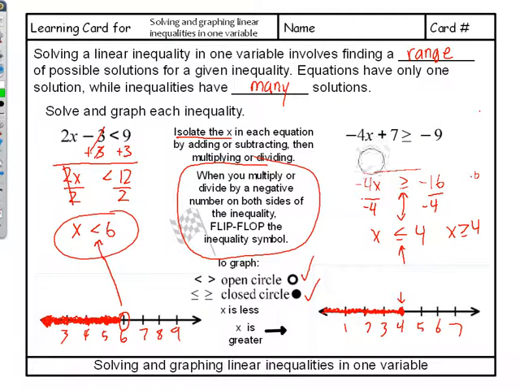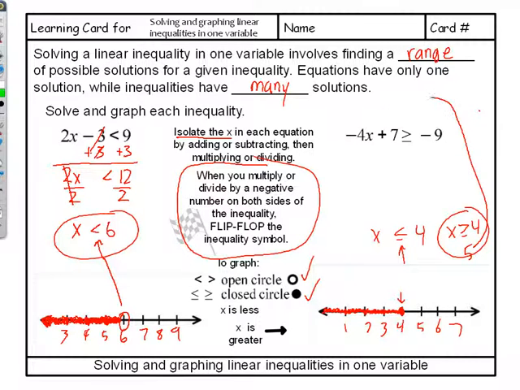I'm going to test a number back in my original inequality, and let's say I had made that mistake and I thought this was the answer. So I'm going to say, well, what's a number that's greater than 4? Well, 5 is greater than 4. So I'm going to test this number and just see if this is true. Negative 4 times 5 plus 7 is greater than or equal to negative 9. That's supposed to be true according to my mistaken answer that I came up with.